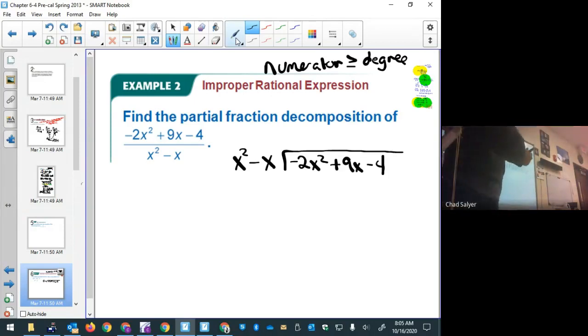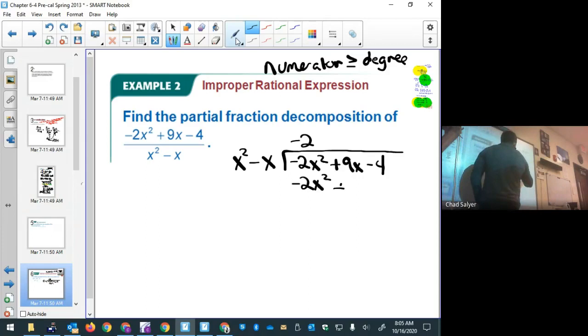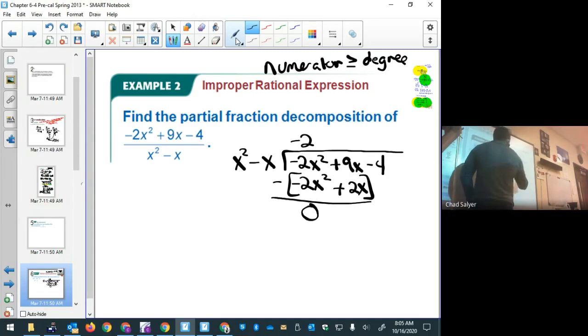So we're going to divide this. x squared into -2x squared goes -2 times. And if I multiply, you guys remember this back in chapter 2? -2 times x squared is -2x squared. -2 times -x is +2x. And then we subtract away. And I get 0 plus 7x minus 4.